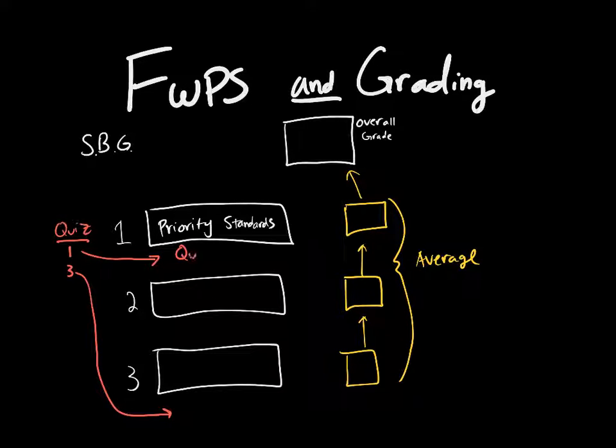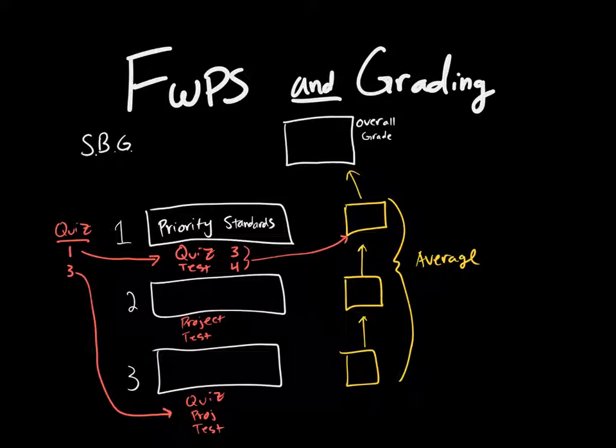So we've got a quiz and we've got a test. Let's say on your quiz you get a 3 and on the test you get a 4. Those get averaged into the priority standard grade for each priority standard. And so maybe you'll have a project and a test, and maybe you have a quiz, a project, and a test here.